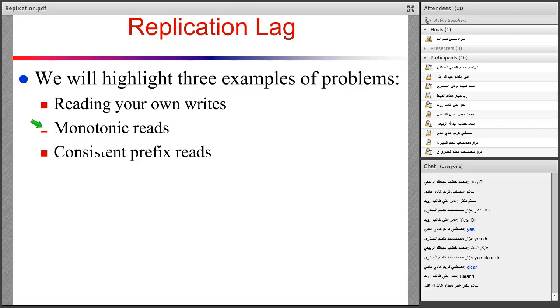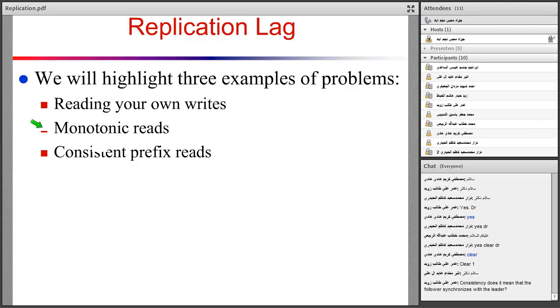Another example is monotonic reads. I'm going to talk about these examples and consistent prefix reads.